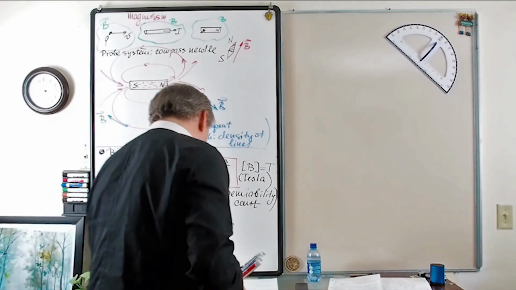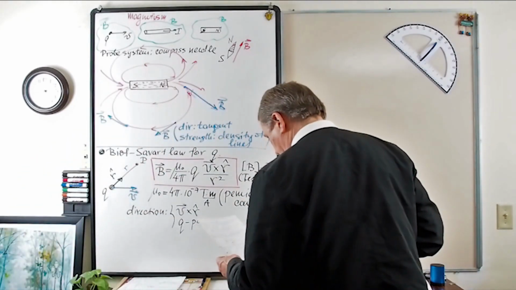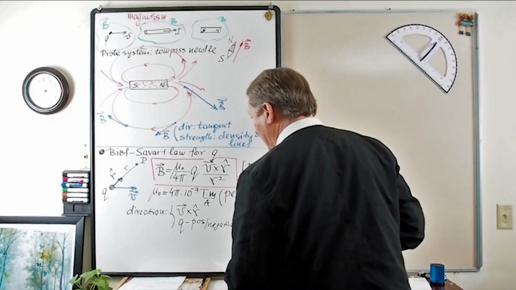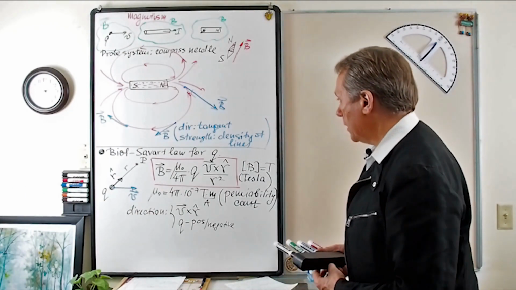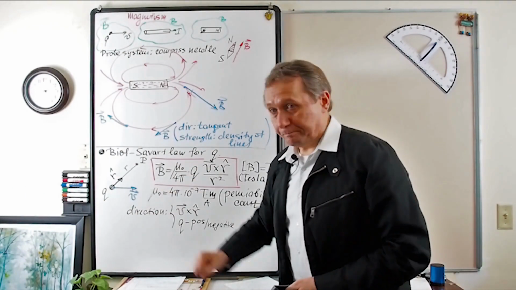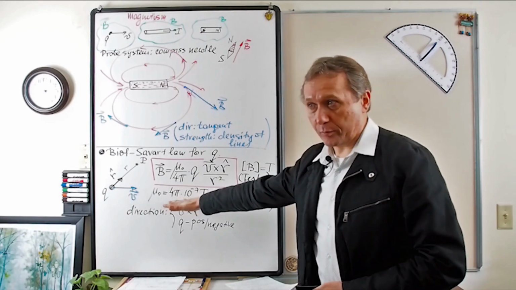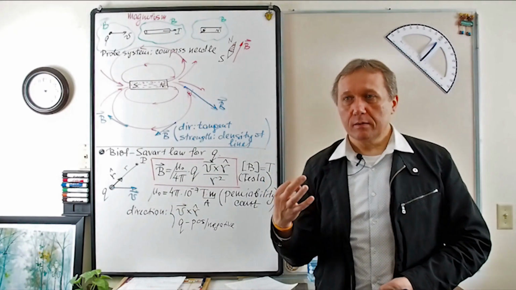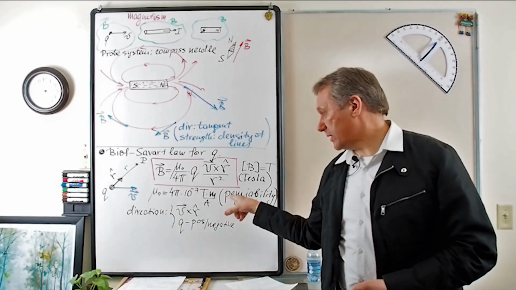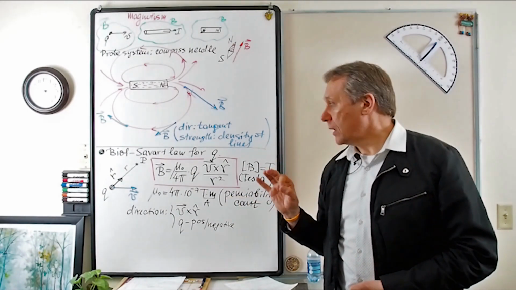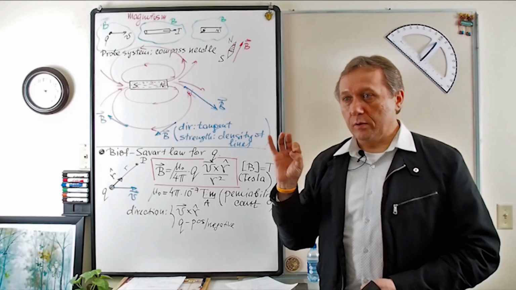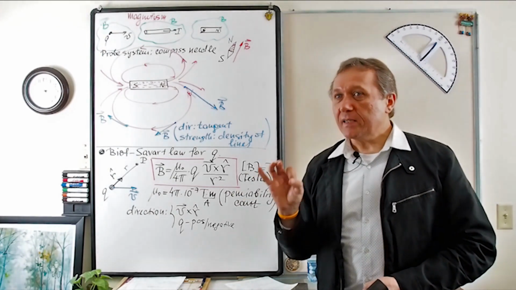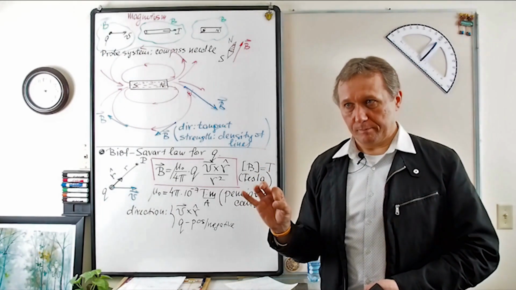Let me check what else I should say to make sure that I didn't forget anything. Yeah, mu naught. I wrote down the value of mu naught. Physical meaning: I think of this permeability constant as a constant which describes the magnetic property of a vacuum.